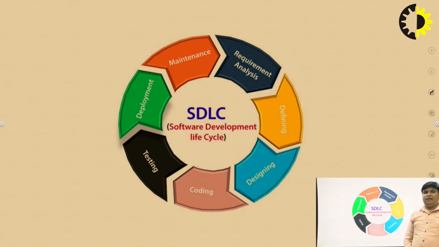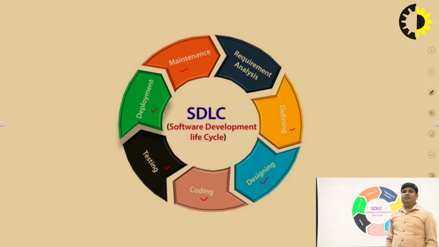So this is the process of the software development life cycle. This is divided into several phases. First phase is requirement and analysis. Then second one is defining. Then third one is designing. The next phase is coding. Then next phase is testing. Then development, and finally maintenance.